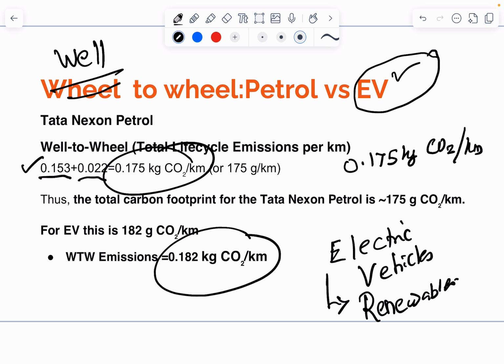But as of now, we see that these figures are pretty close in the well to wheel analysis, and from this we can conclude that pushing electric vehicles and subsidizing them is not going to give much more environmental benefit unless and until we fast track our shift from a fossil fuel based economy to renewables.